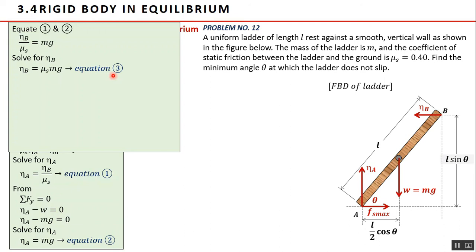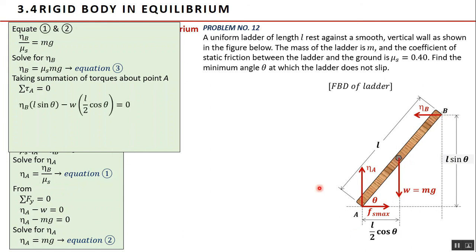Now, after we have utilized the equations of translational equilibrium, we still have one remaining equation, and that is the summation of torque about point A equals 0. From the FBD, we have only two forces that create torque. N sub B tends to rotate the ladder clockwise, so it is positive N sub B times its perpendicular distance L sine of theta.